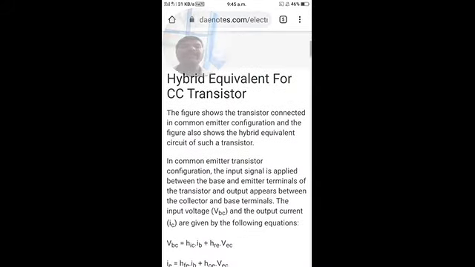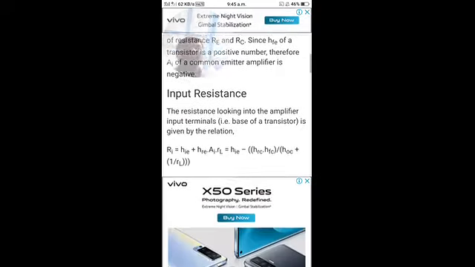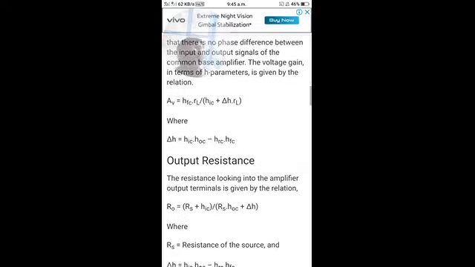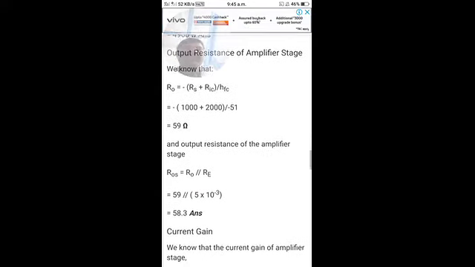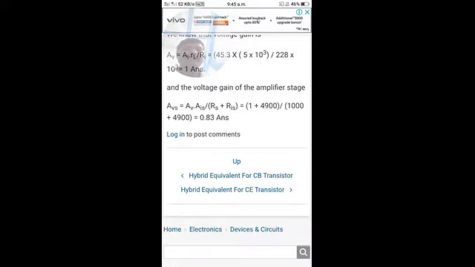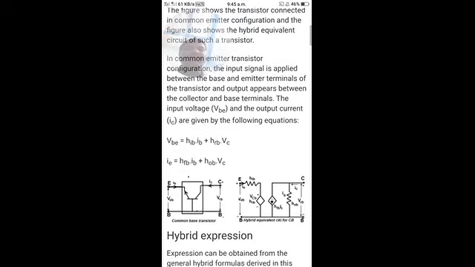Similarly, we can do some analysis of the amplifier using the CB configuration, the common base transistor amplifier.